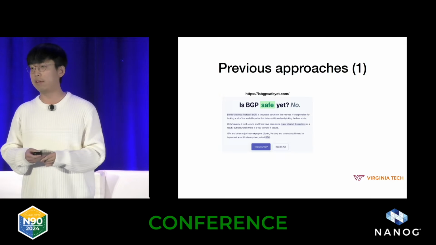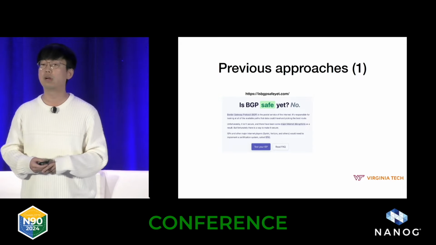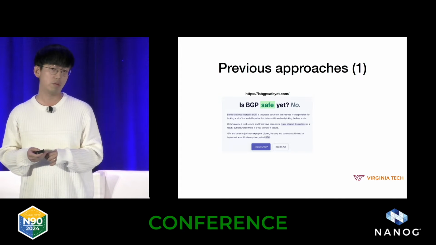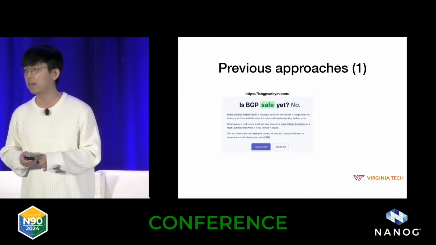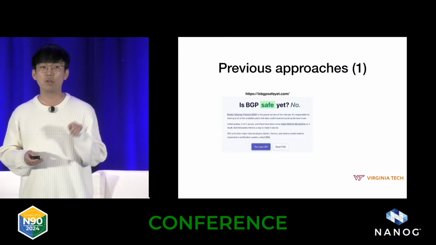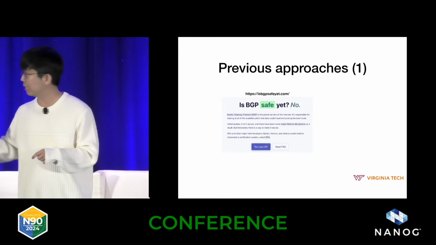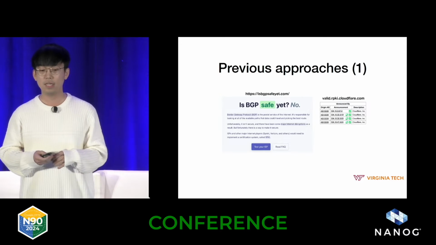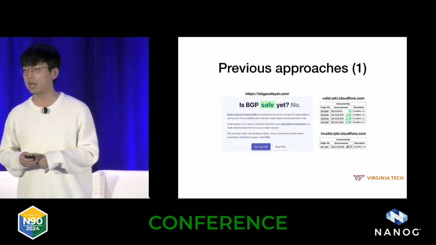Because of that, there have been some successful previous approaches. The most prominent one is BGPsafeyet.com, managed by Cloudflare. When you go to this website and click the test your ISP button, internally it tries to fetch two contents.